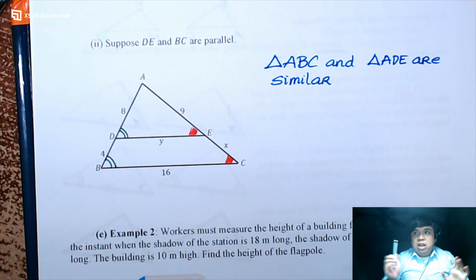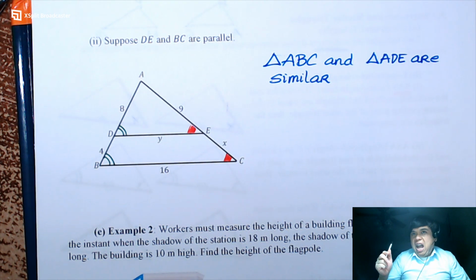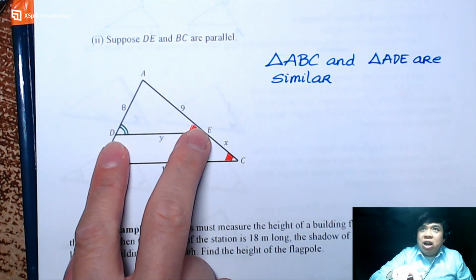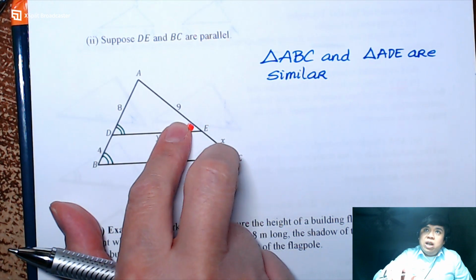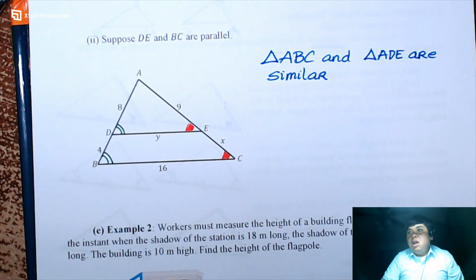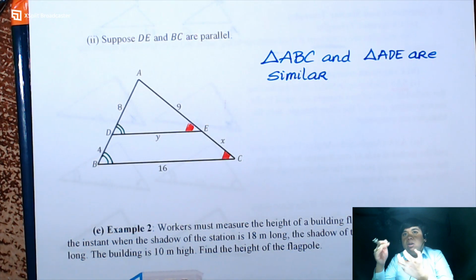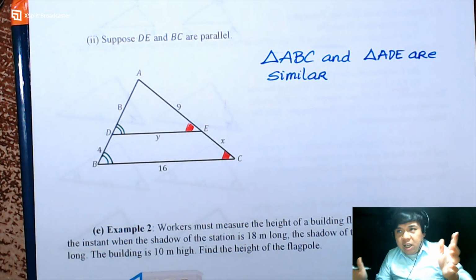That's similar. We don't need any sides here. As a matter of fact, only two angles are needed to be equal. If two of them are equal, the last one must be equal too, because they all add up to 180.